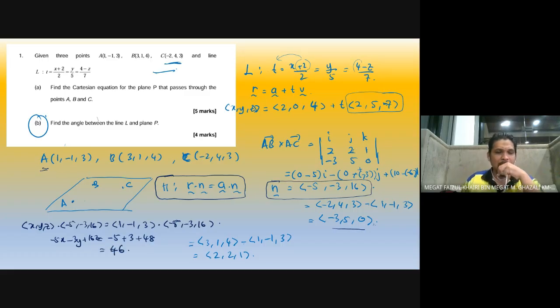Okay, in the answer scheme, they change the signs, so it becomes 5x plus 3y minus 16z equal to negative 46. So I think we just use what we have here.